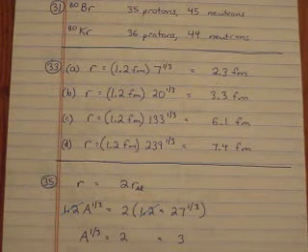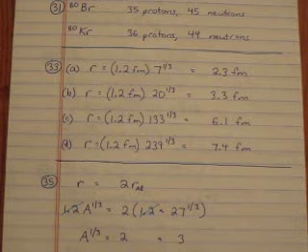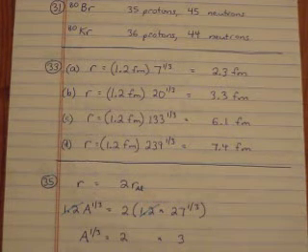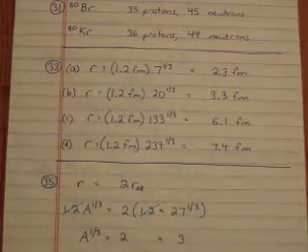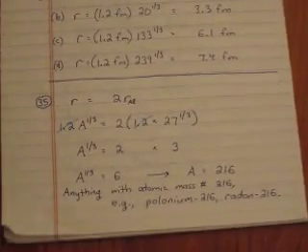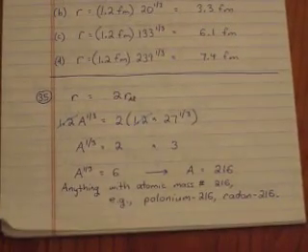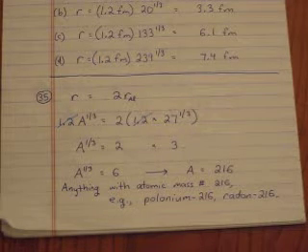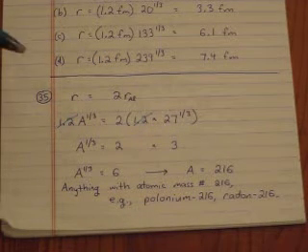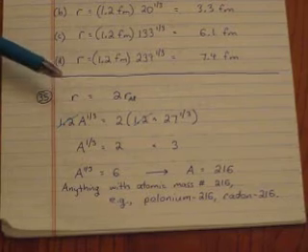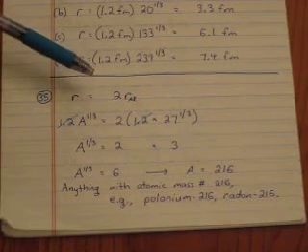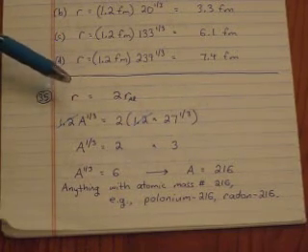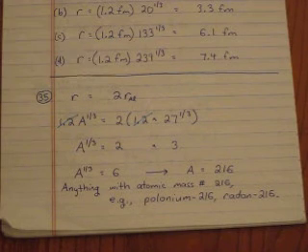Number 35, what's the nuclide whose nuclear diameter is closest to twice that of aluminum 27 nucleus? So a bit of algebra here. I've started by saying the radius that we're looking for. First of all, if the diameter is going to be twice the diameter of aluminum, divide those by 2 and you get the radius is twice the radius of aluminum.